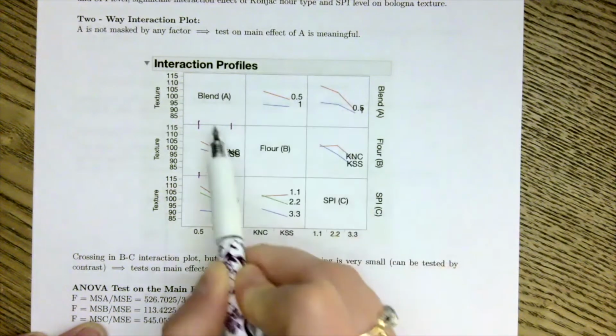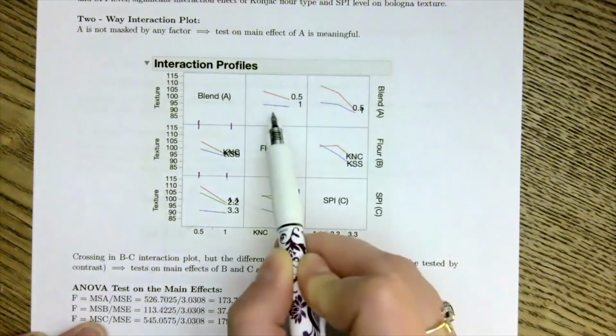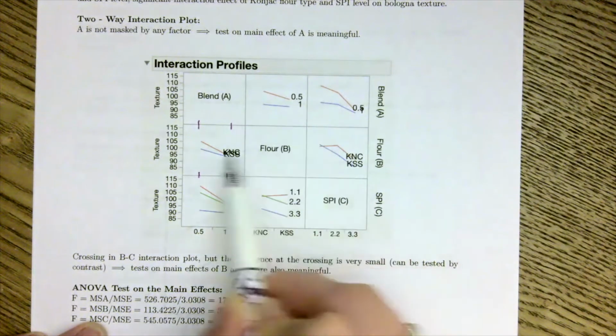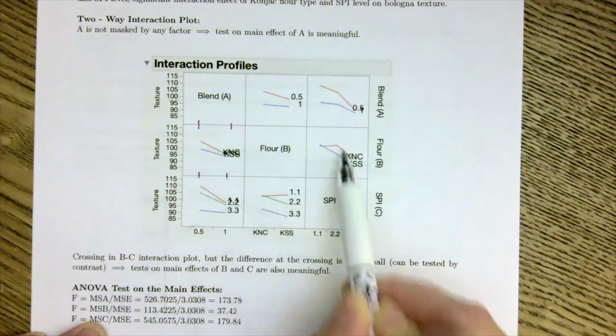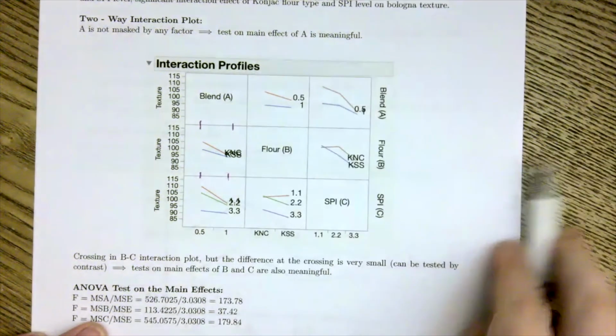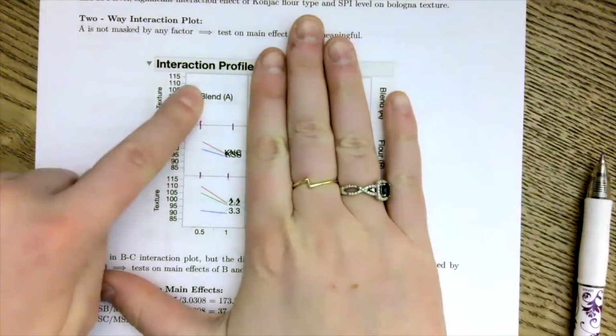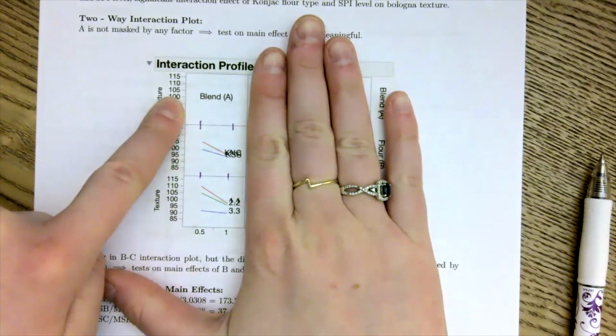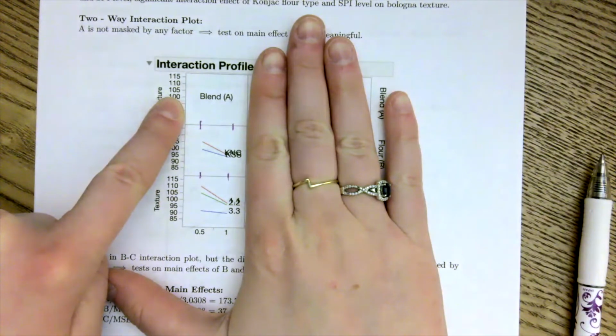Here, it's going to be your trace. Here's your x. For flour, this would be flour on your x, but then flour is your trace for these two. So let's look here where our blend is on the x, and we want to see if blend is being masked by the others.